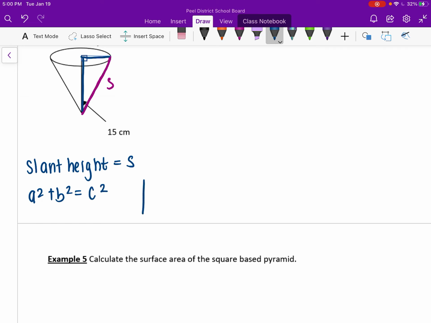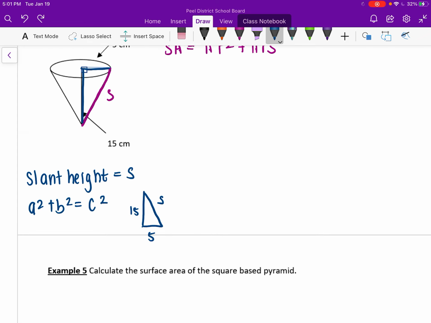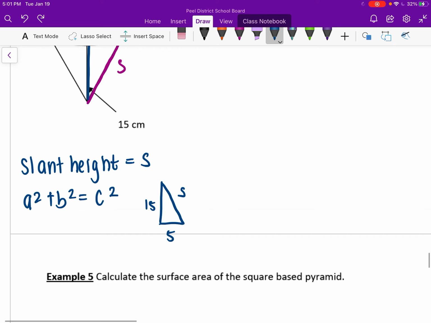So let's draw this triangle out for myself. I'm just pulling it out so that I can actually work with it. I said this long length was 15, and across was the radius, which was 5. If you go back up here and look, this is 5. I just pulled out the triangle.